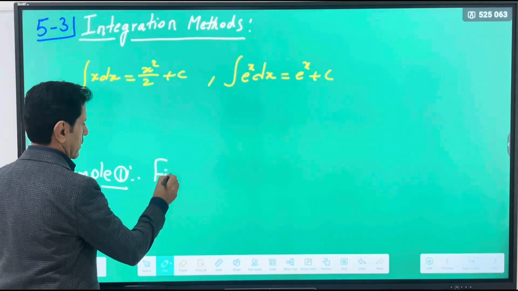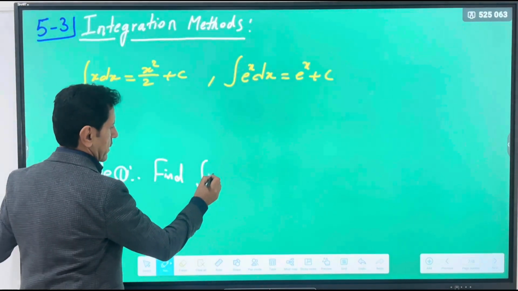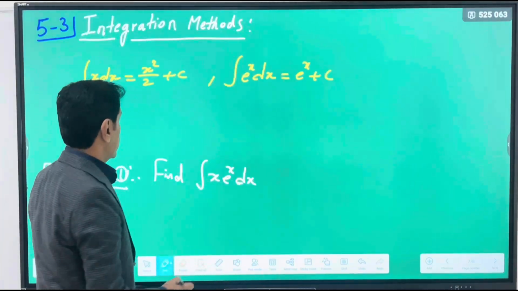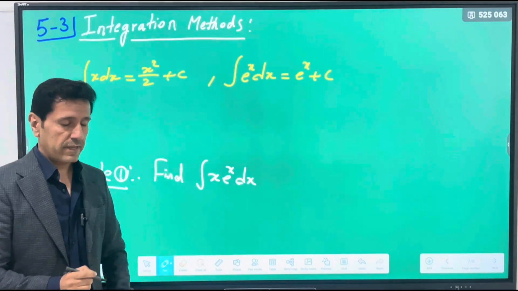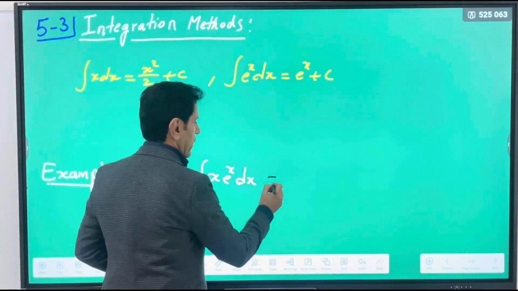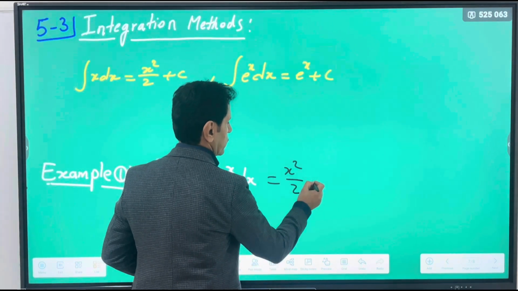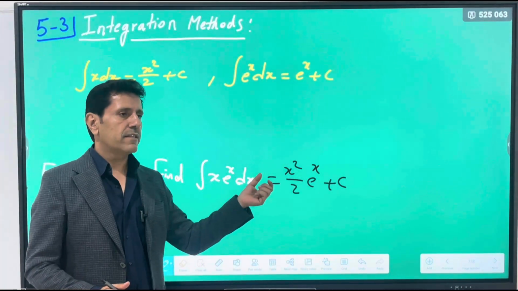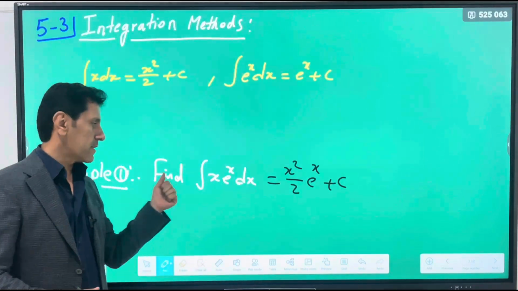Find the integral of x e to power x dx. It means the multiplication between these two functions. Is it equal to x squared over 2 e to power x plus c? No, because when we take the derivative for this part, we didn't get that part.